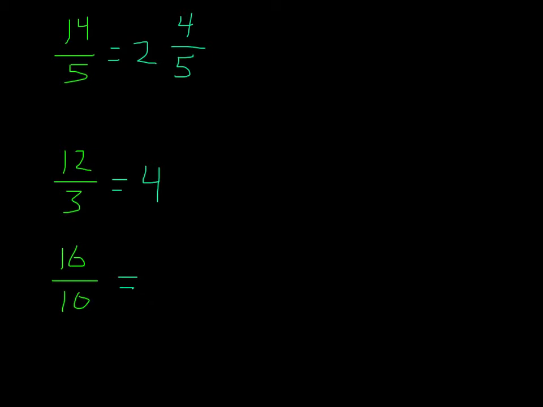It goes in only one time. 1 times 10 is 10, and we have to add 6 to get to our 16. So 1 6/10. And this is how we rename mixed numbers to a fraction that is greater than 1, or reduce a fraction that is greater than 1 down to a mixed number.